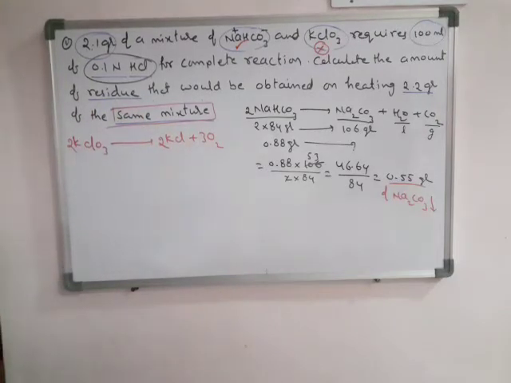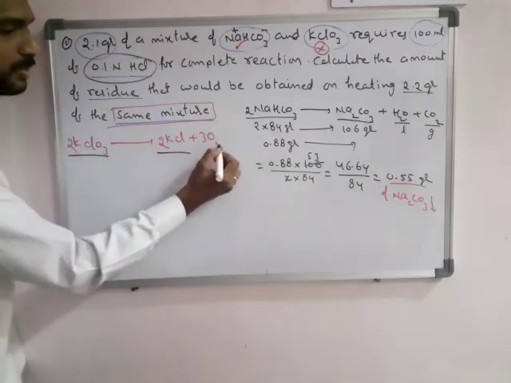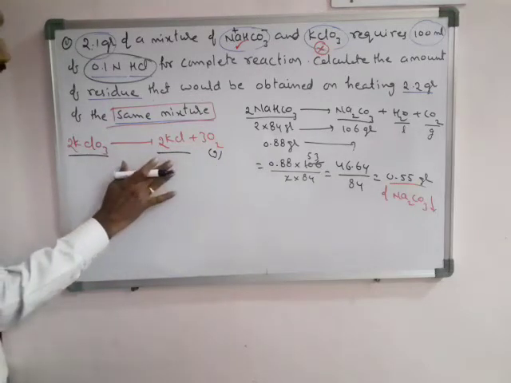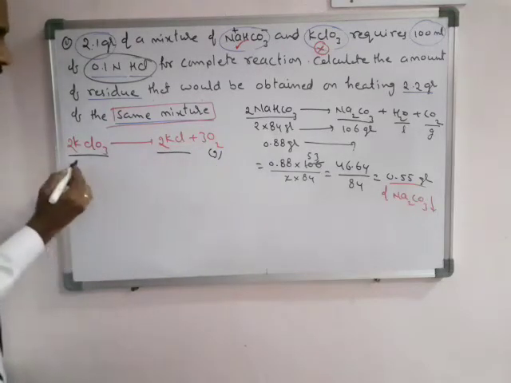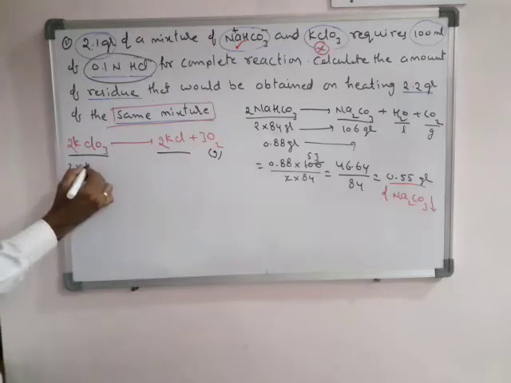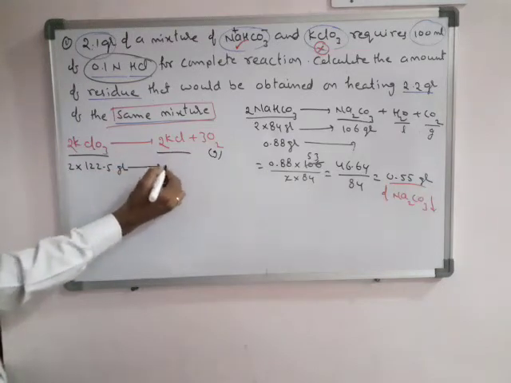So the 2 moles of KClO3 gives 2 moles of KCl. The O2 is a gas, this is not treated as a residue, which means we need to calculate the amount of KCl here. So KClO3: potassium 39, chlorine 35.5, oxygen 48, finally we will get 122.5 gram. Releases how much KCl?